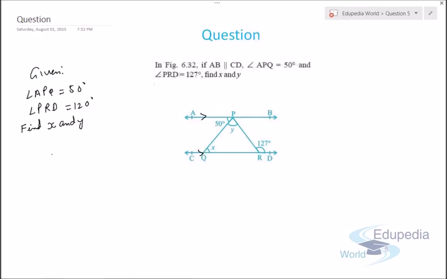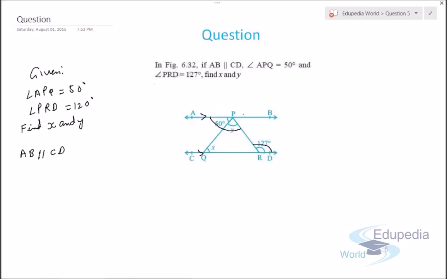Now it's a very easy question, nothing much difficult in this question. So we have line AB parallel to CD. Now if we consider this whole angle, this complete angle, and this angle, they form a pair of alternate interior angles. Why?